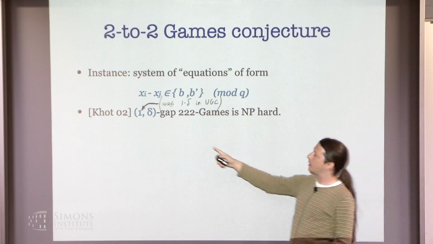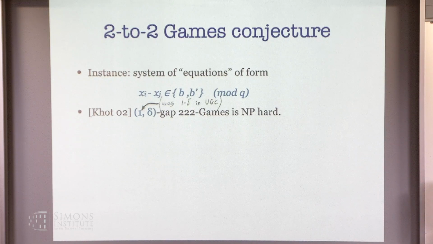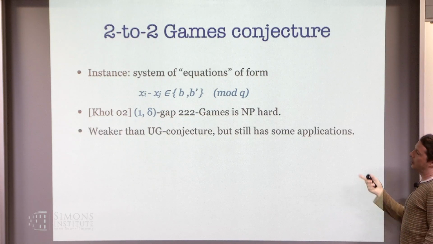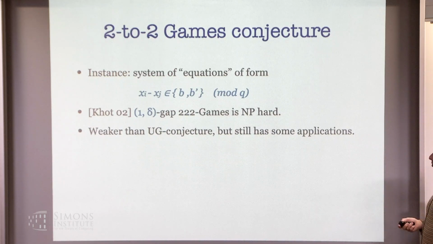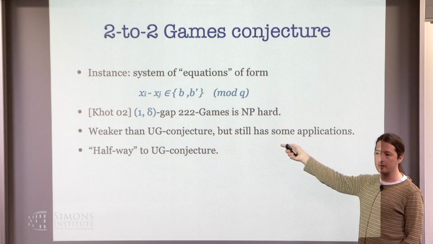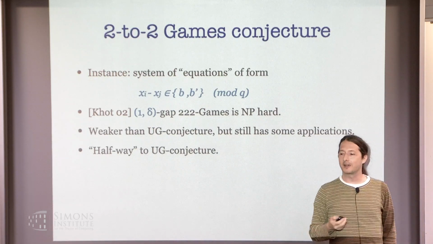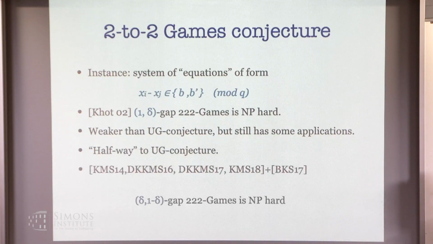Yeah, and here you have perfect completeness, which you cannot have with regular linear equations, but that's a minor point for this talk. Yeah, so that's a weaker conjecture than the unique games conjecture, although it still has some interesting applications. And in some way, which I will make clear in the next slide, this is halfway to a unique games conjecture. That's a very formal way of defining the halfway, but never mind.